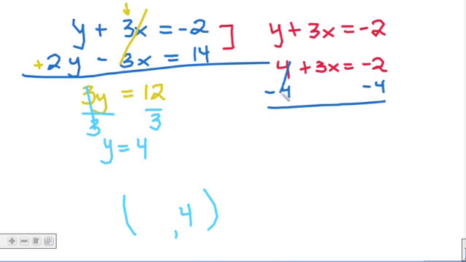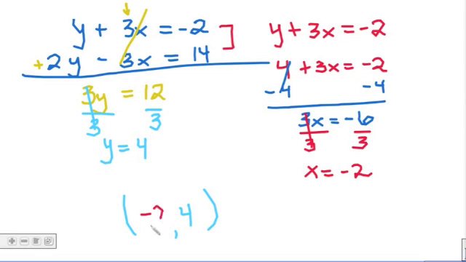My 4's cancel, giving me 3x equals negative 6. Get that x by itself, so I'm going to divide by 3. 3's cancel, x falls down, and I get negative 2. So my answer for this equation is negative 2, 4.